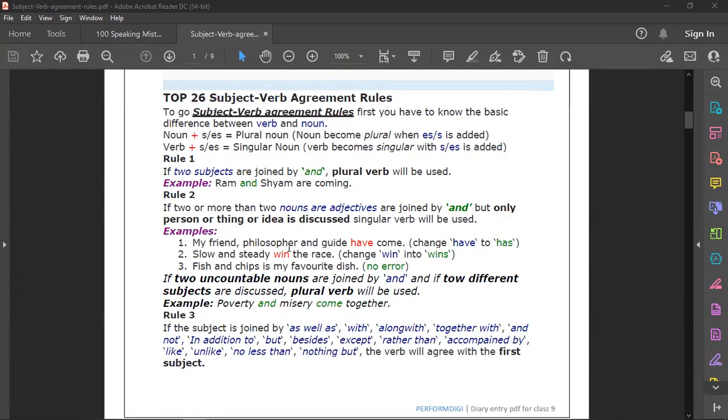Let's go for the example, what it says actually. So number one, my friend, philosopher, and guide have come. Here see, my friend, okay, it's a noun. Then go for the philosopher and the guide.